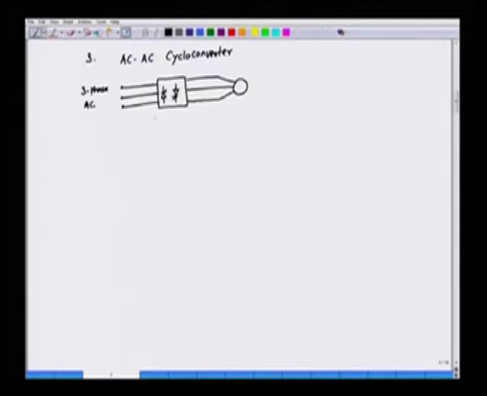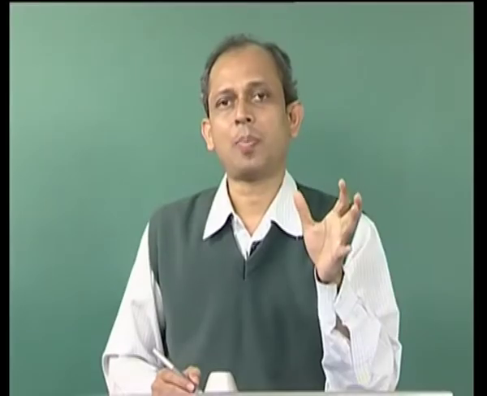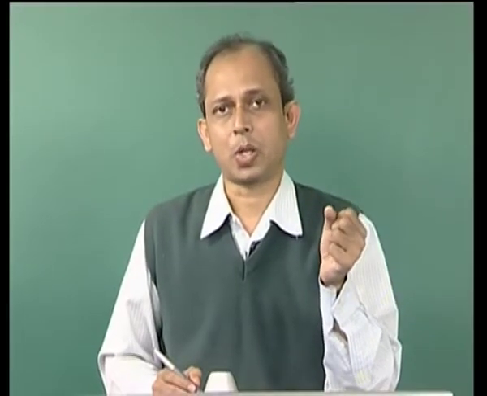What we have here is a 3-phase to 3-phase cycloconverter. So, primarily it is AC to AC conversion. In fact, what we do here is that from a fixed AC, the input power supply is usually an infinite bus.